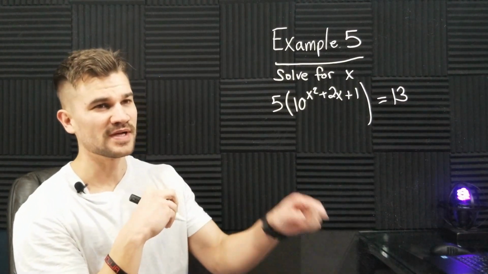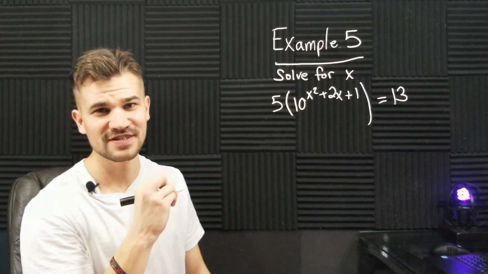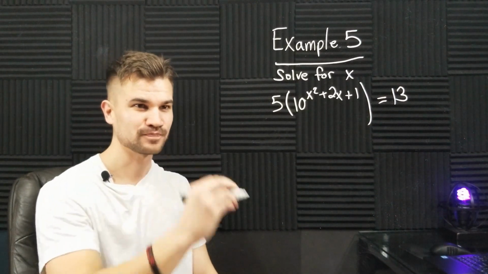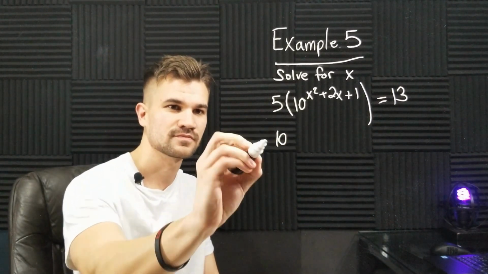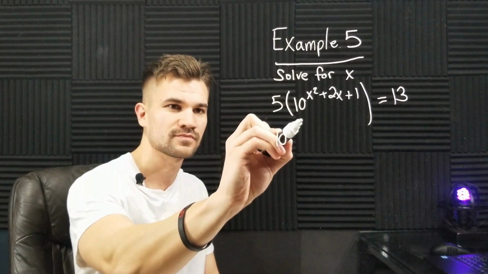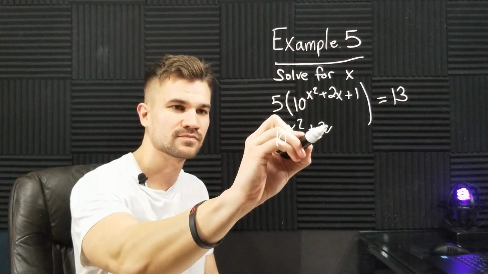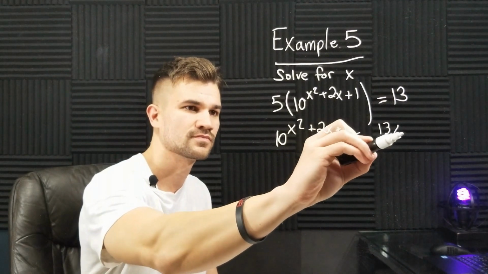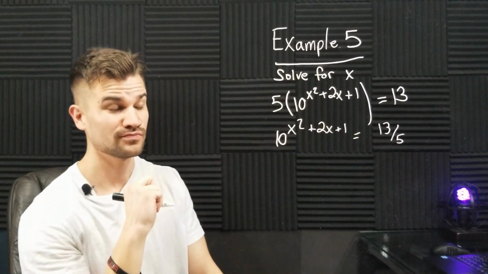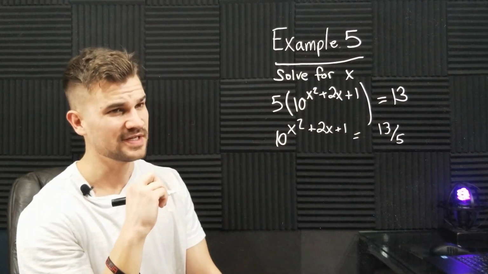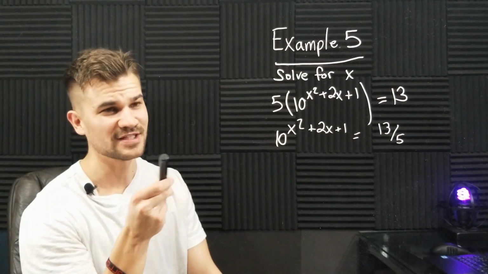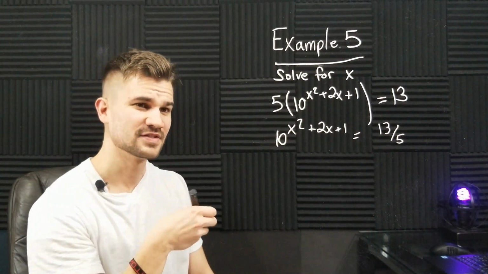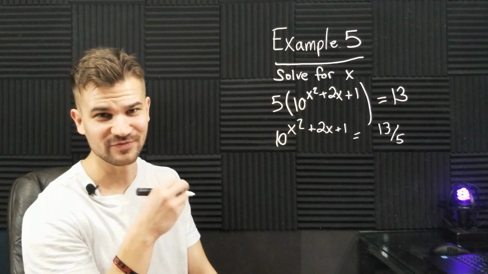Okay, so we have multiplication by 5 at the end, so let's divide by 5. All right, now we're exponentiating by 10, so let's go ahead and take the log base 10 of both sides.